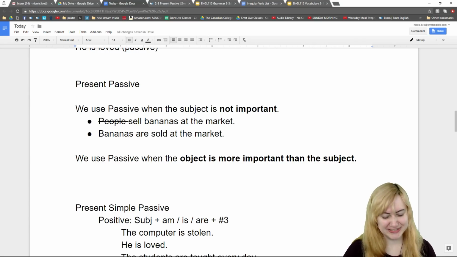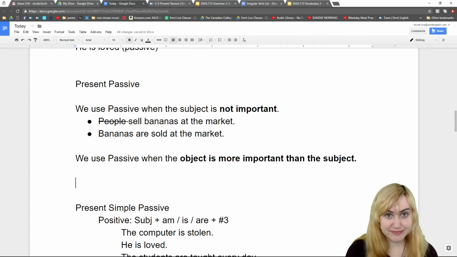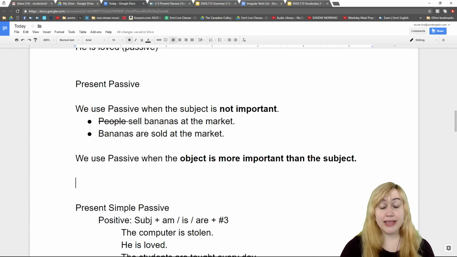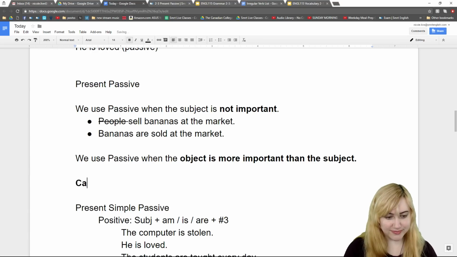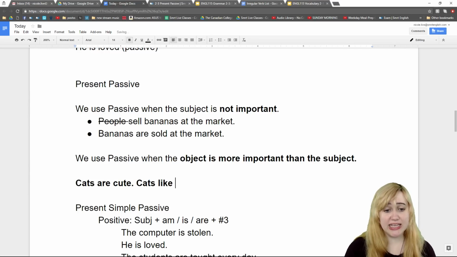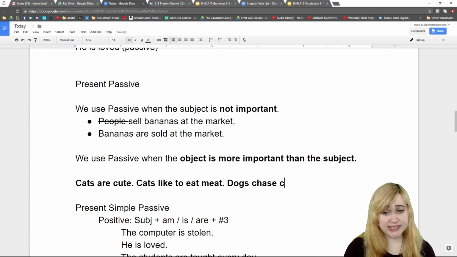Let's imagine you're writing a paragraph about cats. Meow, cats. So we want to talk about cats. Cats is our topic. So I'm going to say, cats are cute. Cats like to eat meat. And I'm going to say, dogs chase cats.